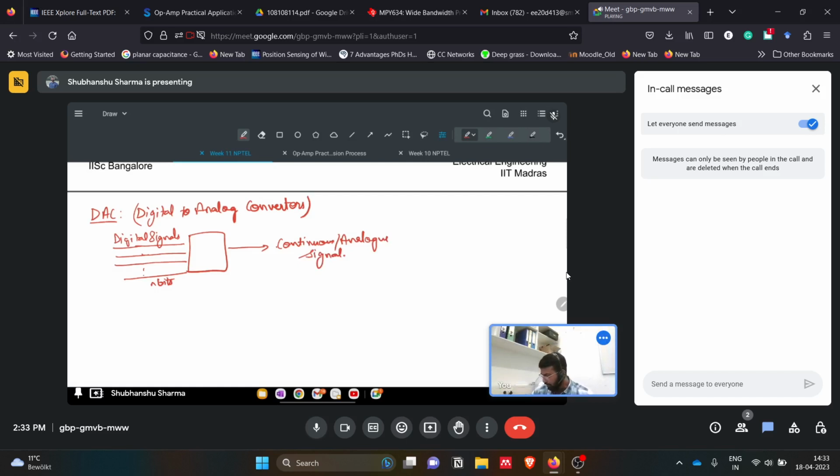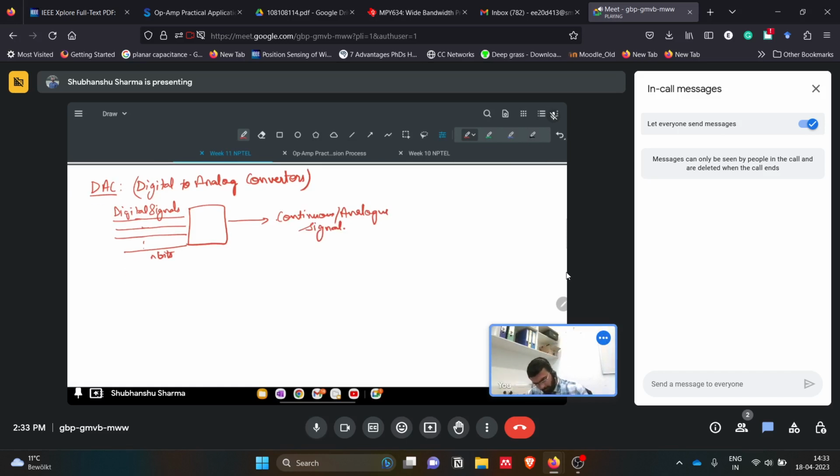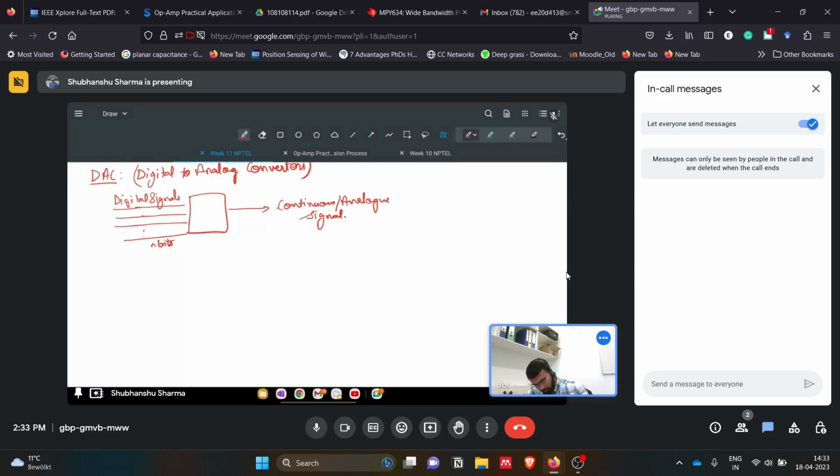Okay, so the output of the DAC is basically given by some scaling factor k in multiplication with the reference voltage which we are giving to this DAC and the digital input.